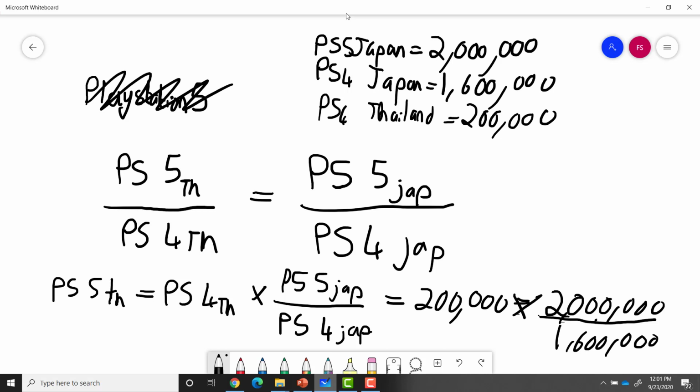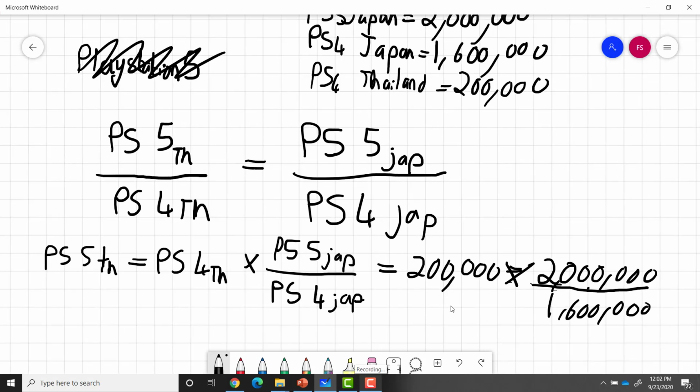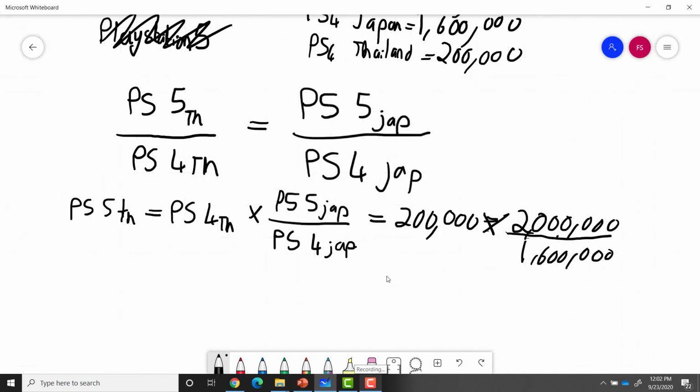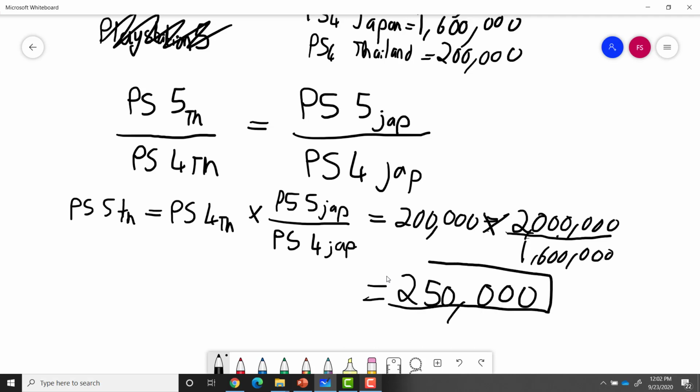And we get 250,000. So we had the 200,000 sales for the PS4 in Thailand. Then we multiply it by this ratio because we think the ratio is going to be similar in Thailand and Japan. And we get this figure of 250,000.